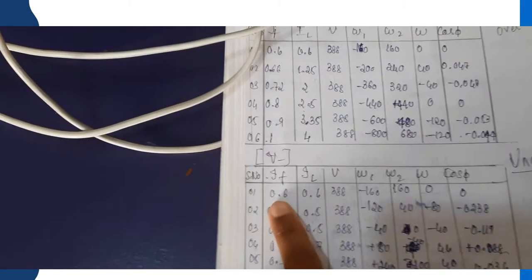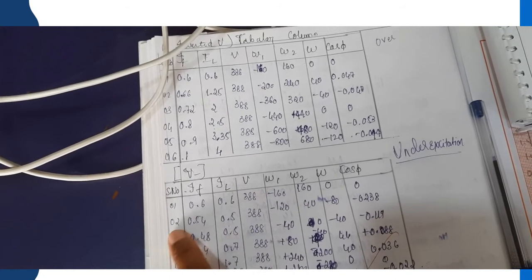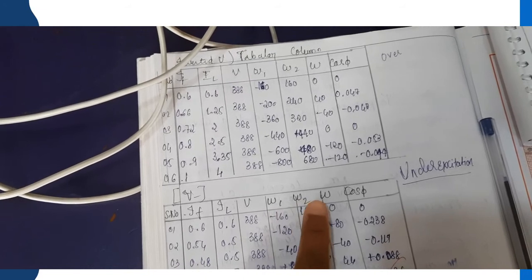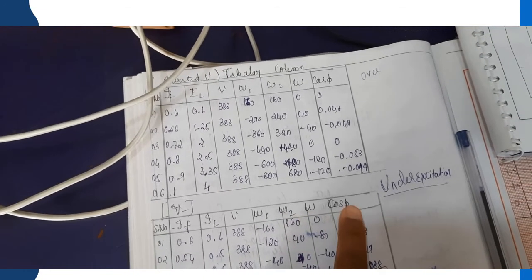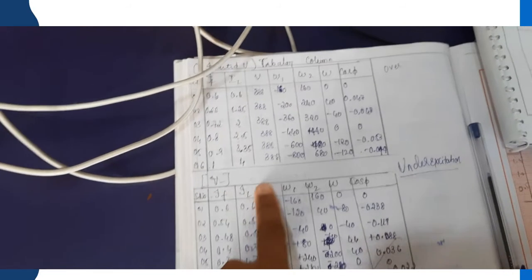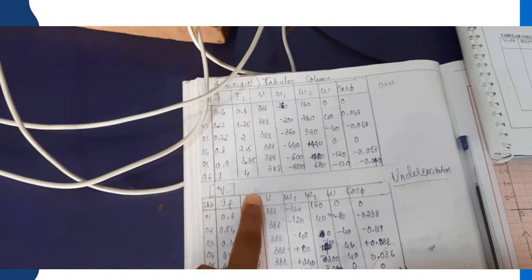So what you have to record is field current, armature current, voltage, as of now it is 440 volts, W1 wattmeter 1, wattmeter 2, the total power and the power factor for the V curve. The aim of the experiment is to plot V and inverted V curves of the synchronous motor.